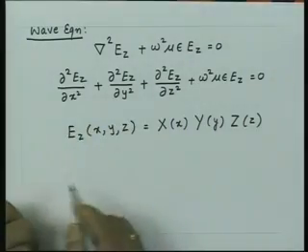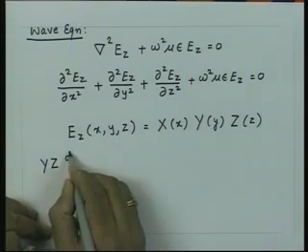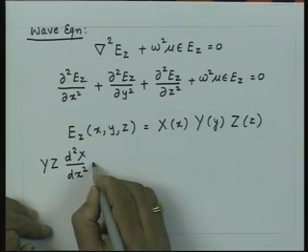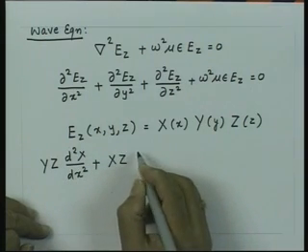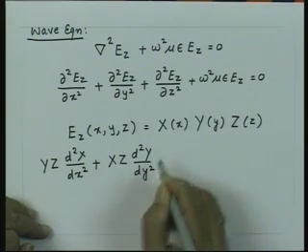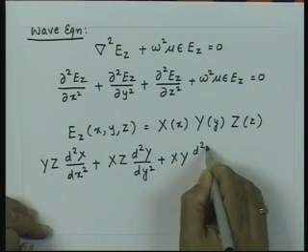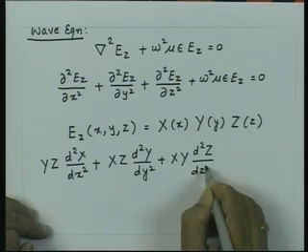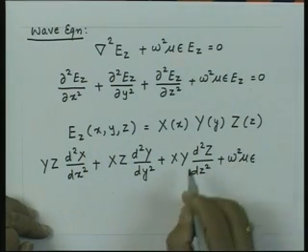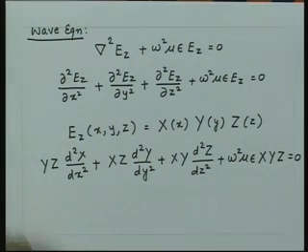So, if I substitute into this, I get y z d2x by dx square plus x z d2y by dy square plus x y d2z by dz square plus omega square mu epsilon x y z, that is equal to 0.